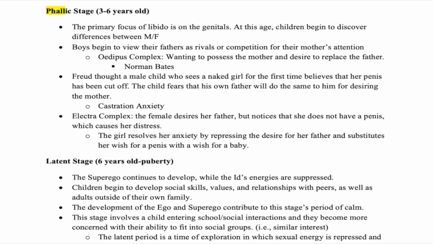The Electra complex, on the other hand, is the female version of the Oedipus complex, and it's where the girl desires her father, but notices she doesn't have the same genitalia of the individual that she's desiring. So therefore, she represses her feelings in order to conform with her mother, which she fears will be harmed in some way, shape, or form.